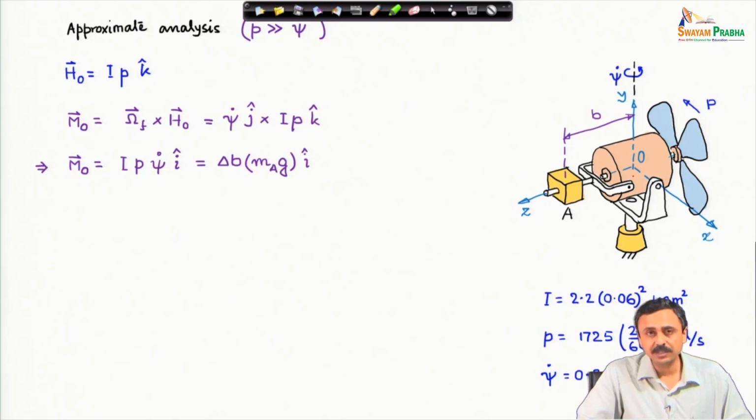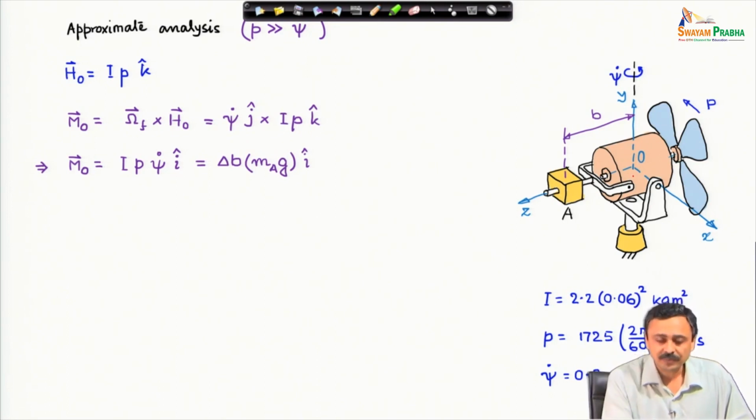If B is 180 millimeter, then there will be no precession because no external moment acts. Therefore, I must change the position of the block A in order to produce this moment. And what will be the moment? This is the shift in the position of the block, because with B equal to 180 millimeter, we have exact balance. If I shift that much, this is the moment, and this is the weight of the block that is going to produce the moment.